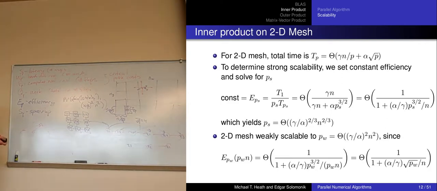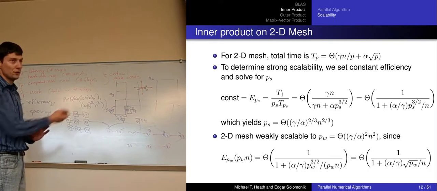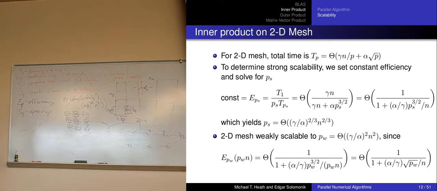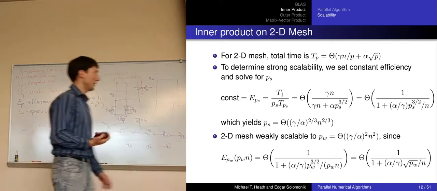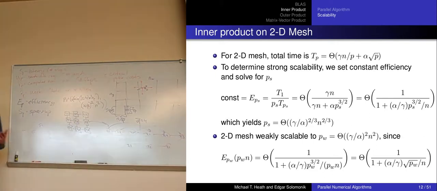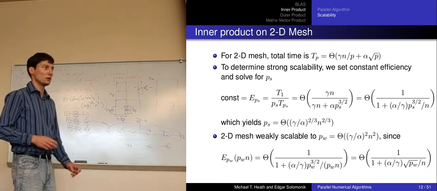That's because as we increase the number of processors, we spend the square root of the number of processors more time doing the reduction, since what used to be a square root p alpha term, if we take the number of processors to n squared, will be proportional to n in terms of the latency cost.